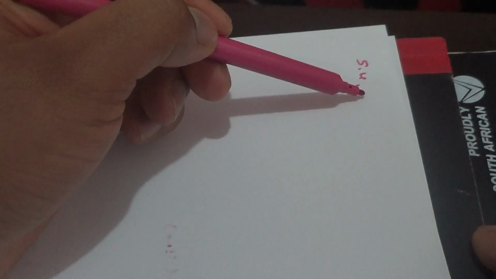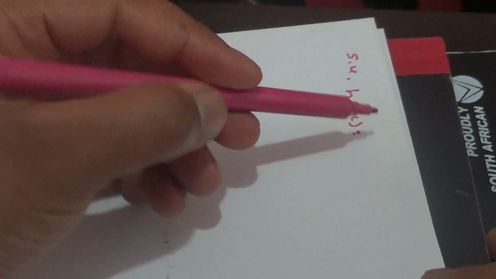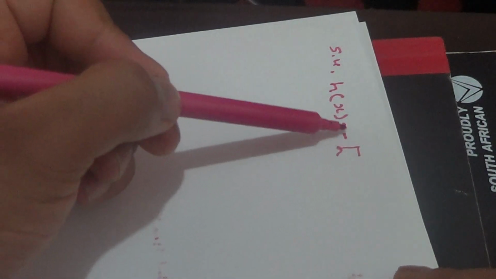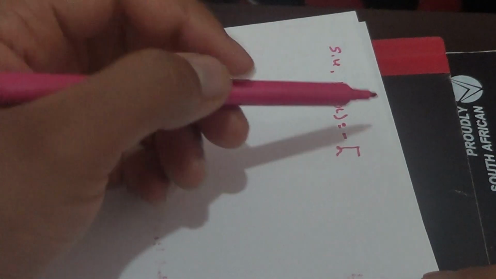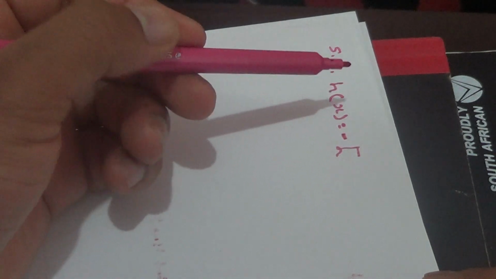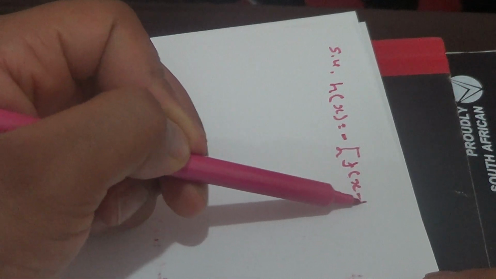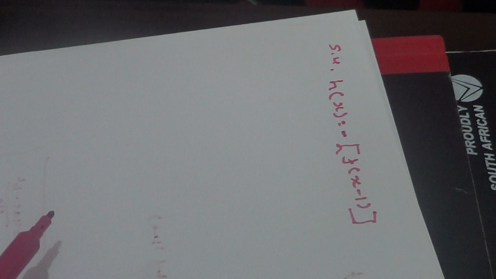So all we're going to start with is that it is given that h of x equals what? Minus into, this is the negative for a vertical reflection, or a reflection about the x-axis. And then what do we have here? f of x minus 1. That's all that this means.